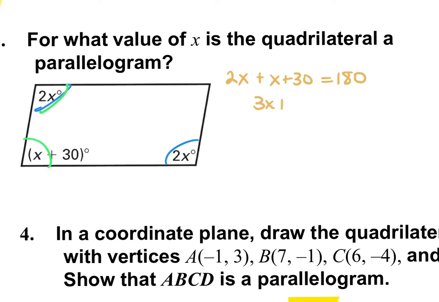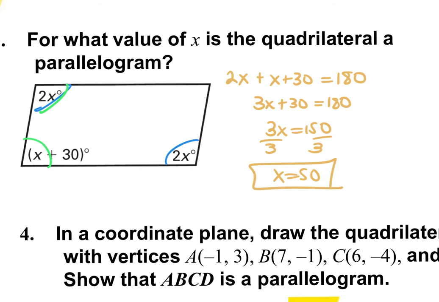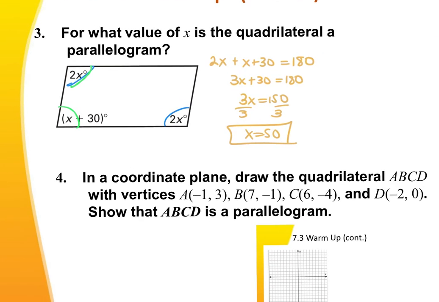So 3x plus 30 would have had to equal 180. 3x would equal 150, and x would equal 50. Some of you set them equal to each other, like 2x equals x plus 30. That's not right. They don't have to be equal to each other. I thought it was like 2x equals 2x, but you have to use the x again. That would be all real numbers. That would never solve. You have to use the other one.